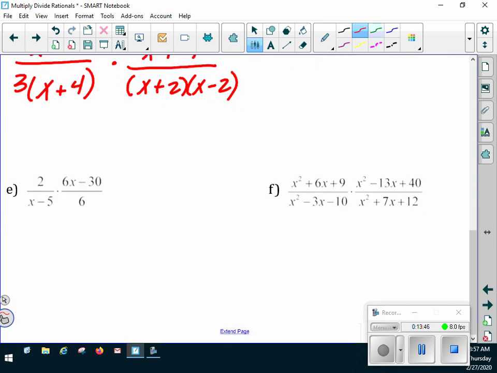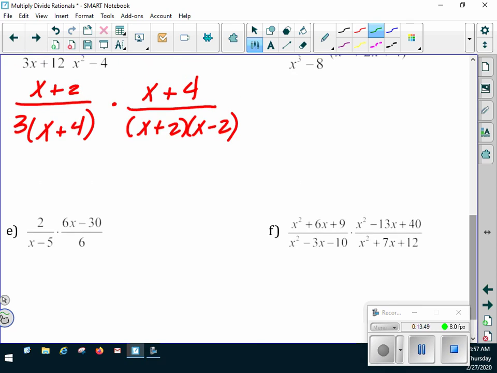Now remember, we're looking for common factors within a single fraction or between the numerator and denominator of different fractions. The x plus 4s, the x plus 2s. What's my answer? 1, right, because 1's left in the denominator. 1's left in the numerator because anything divided by itself is 1.